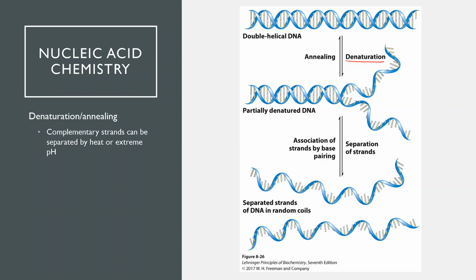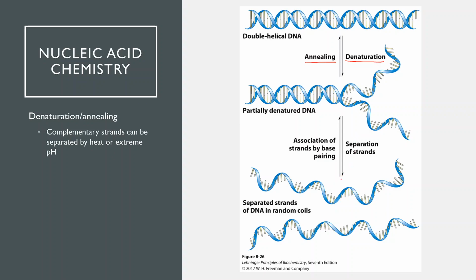And then if you cool the two strands enough, then they will reattach to each other, zip back together, again, according to their complementary nature. We call that process annealing. And of course, if you heat two strands enough, you can completely separate them.